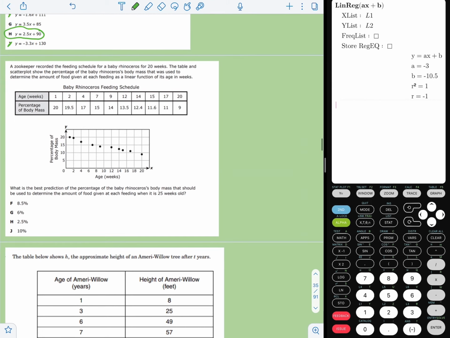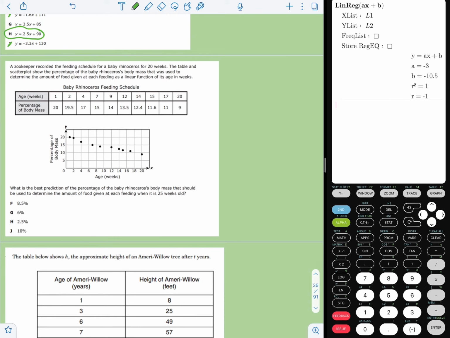A zookeeper recorded the feeding schedule for baby rhinos for 20 weeks. The table and scatter plot show the percentage of the baby rhinoceroses', or rhinos', body mass that was used to determine the amount of food given at each feeding as a linear function of its age in weeks.